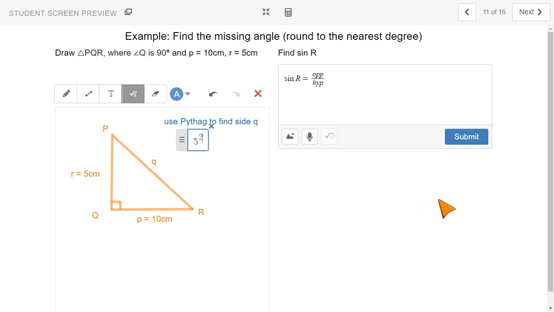We have 5 squared plus 10 squared is equal to q squared. 25 plus 100 is equal to q squared. Q squared is equal to 125. And if we undid the exponent, we're going to put 125 inside the square root.